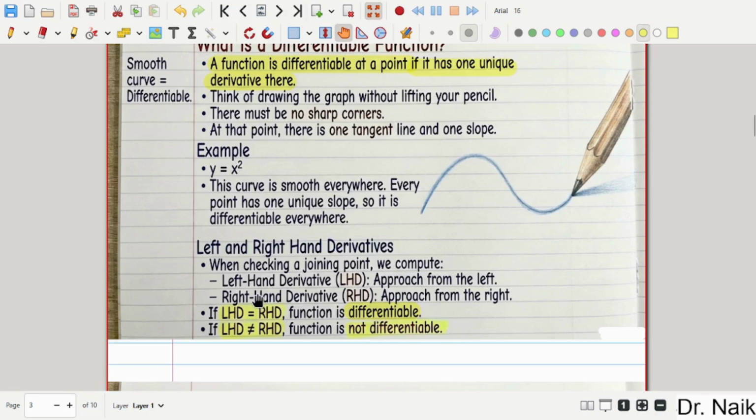If LHD is equal to RHD, then we can say that the function is differentiable. Or if the LHD is not equal to RHD, then we can say that the function is not differentiable.